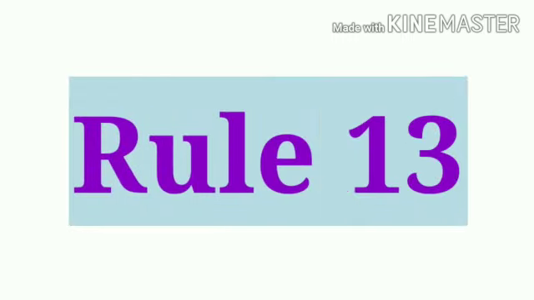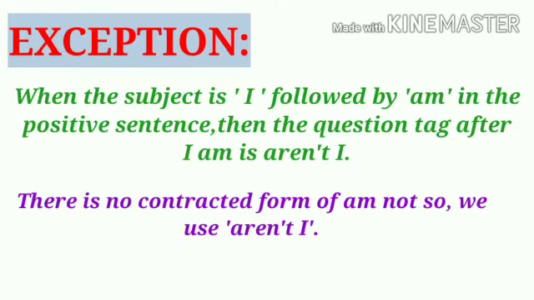Rule number 13. There is one exception when the subject is I followed by am in the positive sentence, then the question tag after I am is aren't I, as there is no contracted form of am not.